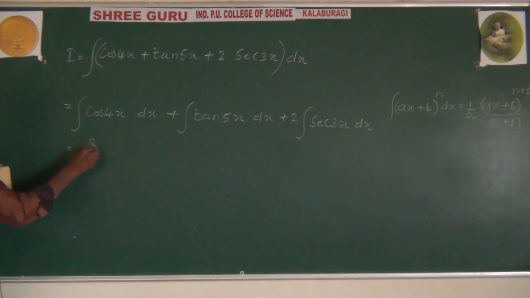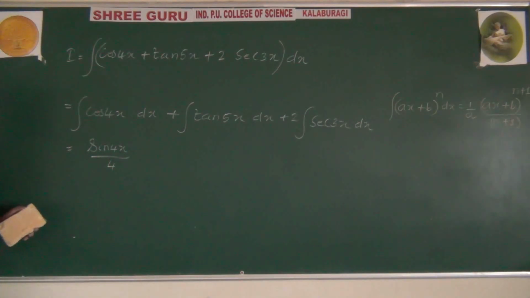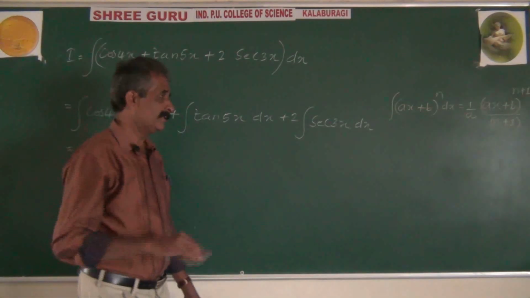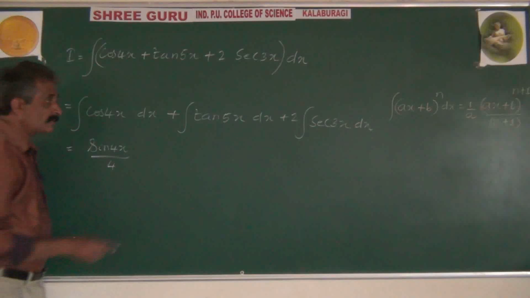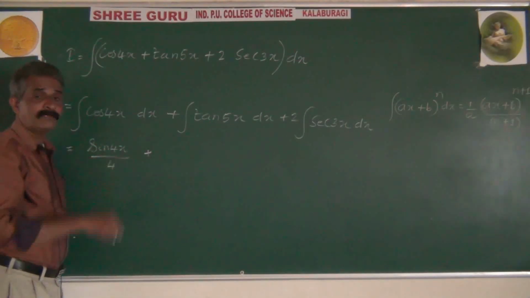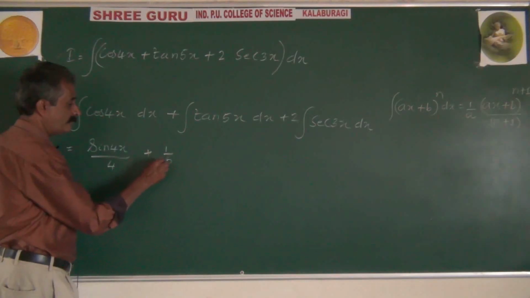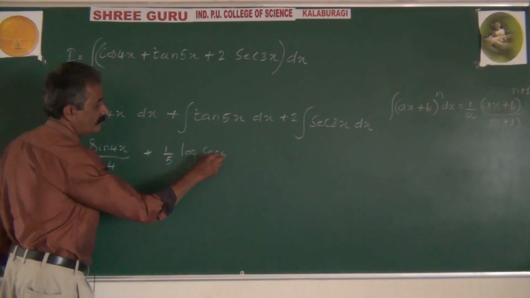So it is sin 4x divided by 4, or can be taken as 1 by 4 into sin 4x. Again, refer to the formula here; formula is only important. What is integration of tan x? Log sec x. Here log sec 5x divided by 5 means 1 by 5 into log secant 5x.